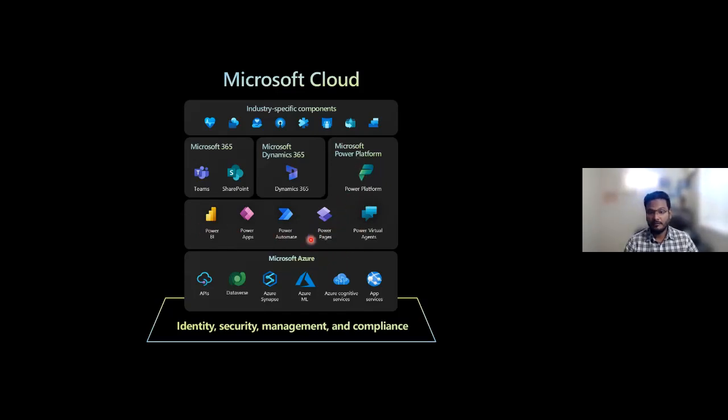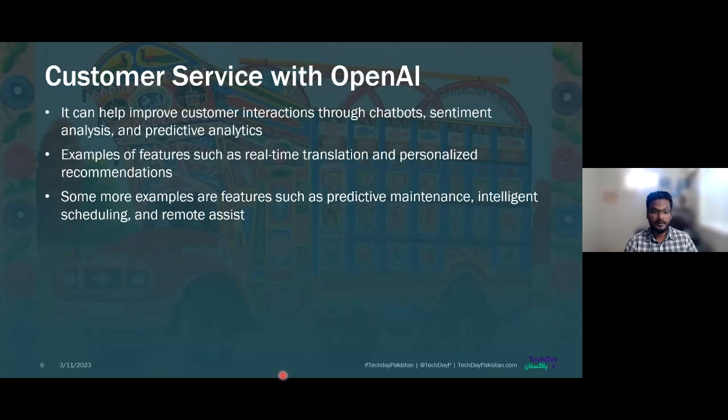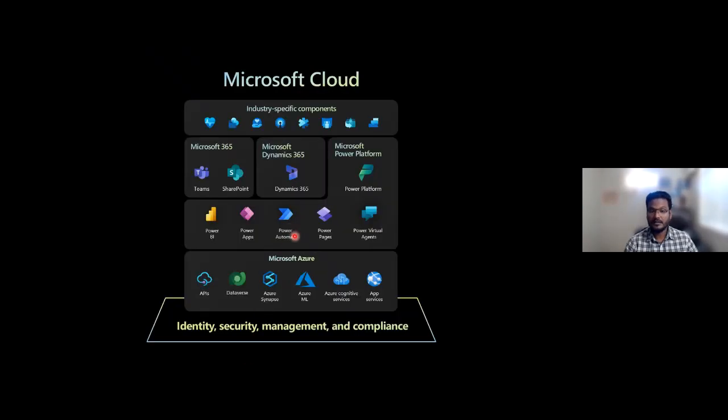As part of the Power Platform, you have Power Apps, with canvas apps and model-driven apps, and then Power Automate for workflow automation. The beauty of the Power Platform is that it is a low-code, no-code platform, which means less code and a lot of citizen development, where the idea is to rapidly build business applications without much development effort.